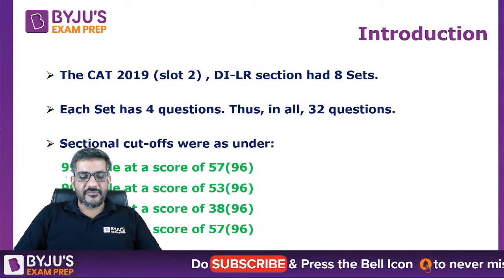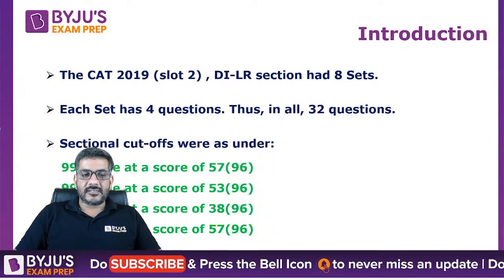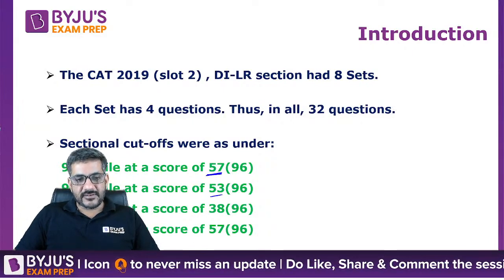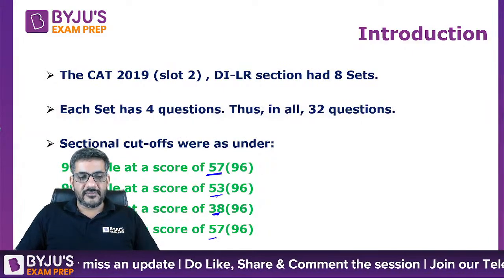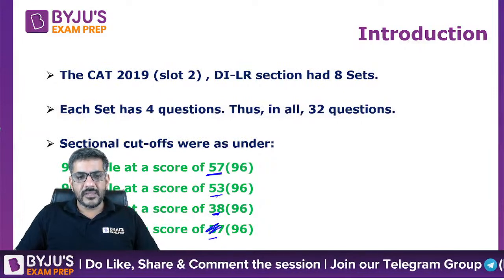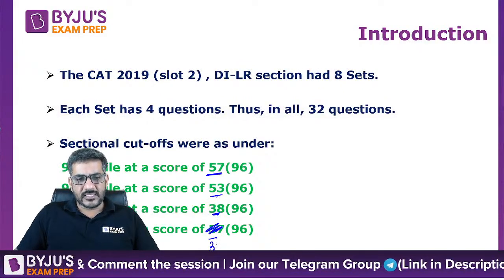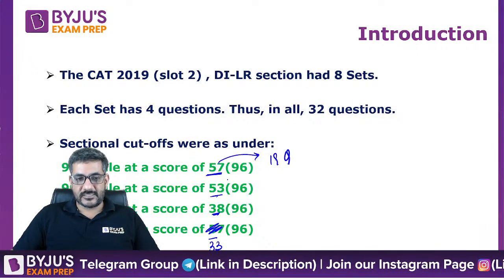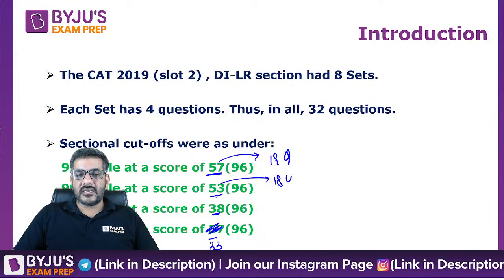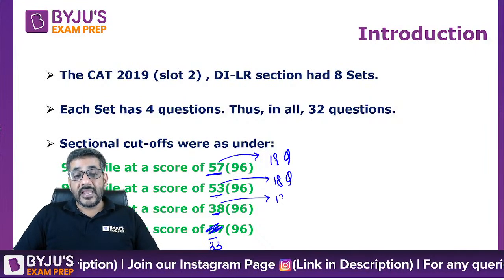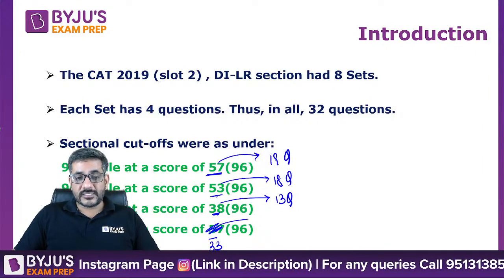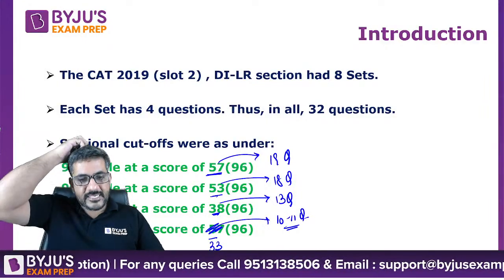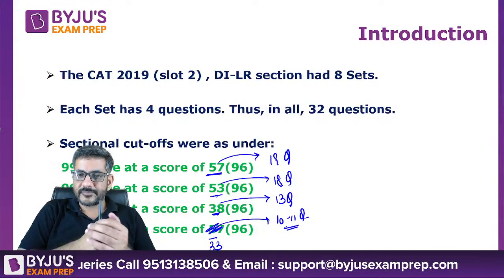A 99.5 percentile was there at a score of 57 out of 96. A 99 percentile at 53, then 38 for 95, and I think this is wrongly written. It should be somewhere around 33, I suppose. Now this 57 means 19 questions. 53 means approximately 18 questions. 38 means approximately 13 questions, and I think at around 10 to 11 questions, it must have been a 90 percentile for all the people.